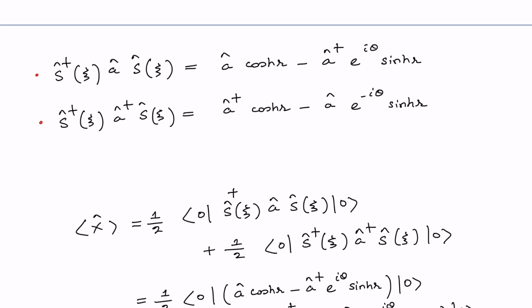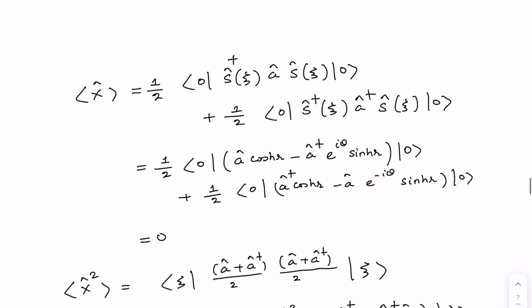If we just put these expressions here, you can immediately see that when a, the annihilation operator, is applied on the vacuum state, it is going to give you 0.